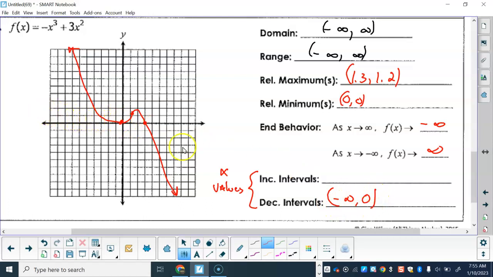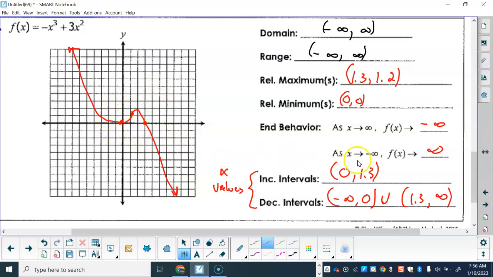At 0, it increases, and it increases to the maximum at 1.3. Then at 1.3 it turns and starts to decrease again. So we have to union these two together. From 1.3 to infinity, it's decreasing. That's how you get the sketch of these.